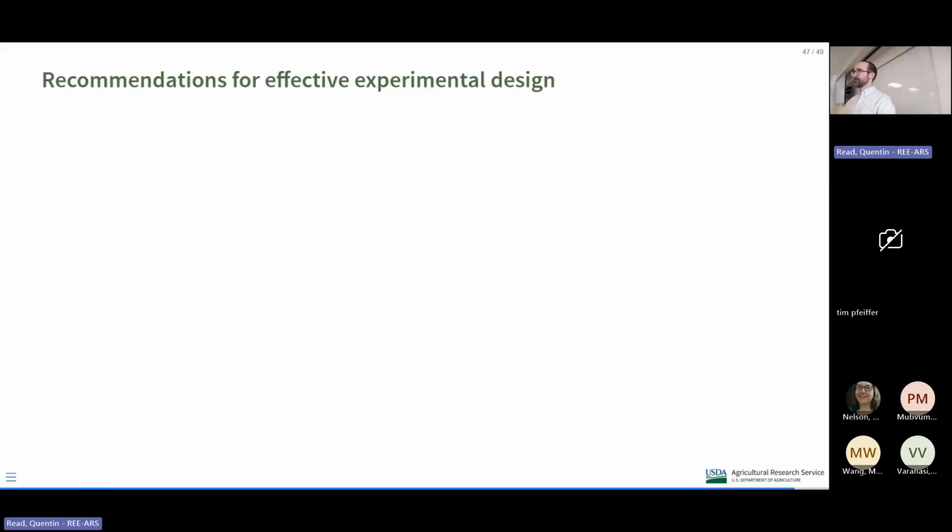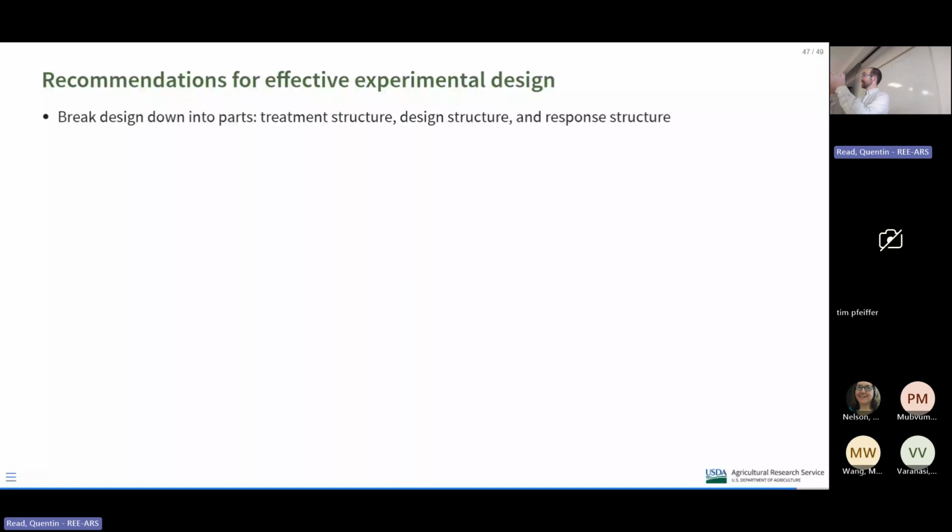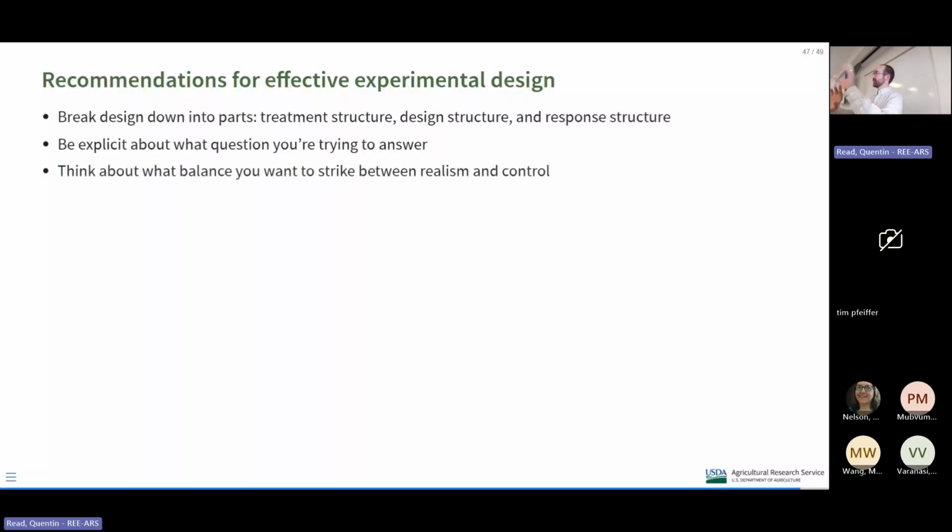So my final recommendations for effective experimental design: when you're designing your experiment, explicitly think about the different components of the structure, treatment, design, and response with reference to what question you're trying to answer. It forces you to be explicit about that, which helps your science.